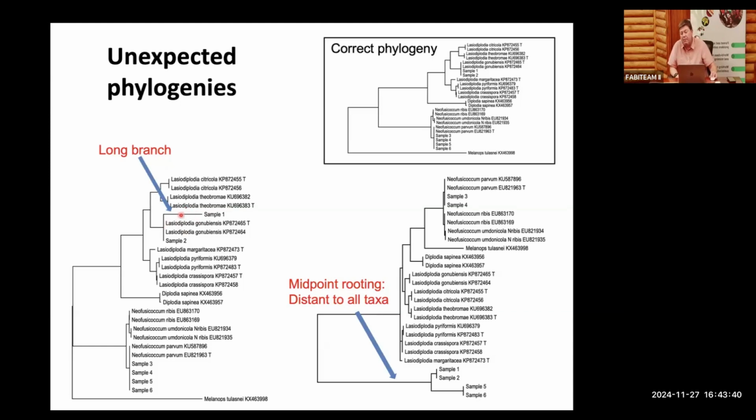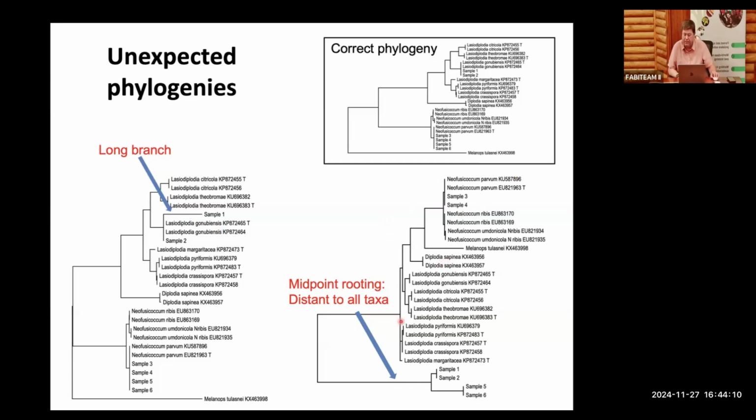Or there might be something wrong with your sequence, so there might be sequence errors. Or it might be that this lineage, for some reason, just evolved really fast. That can be true. But in general, when we see this, I suspect that there is something wrong with your sequence. So go back to your chromatogram to inspect it to see if your base calls are right.